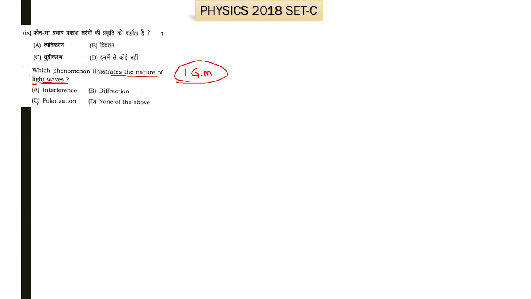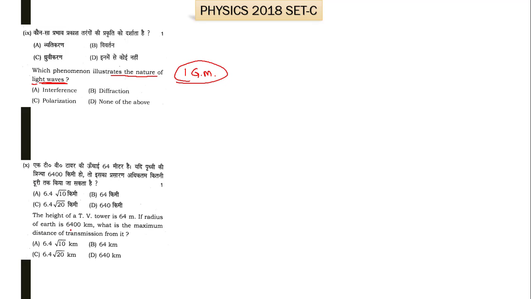Now moving towards the 10th part of question number 1. It says that the height of a TV tower is 64 meter, and the radius of earth is 6400 kilometer. What is the maximum distance of transmission from it? We know that transmission distance is represented by dt, and that is equal to under root of 2hr, where h is the height and r is the radius.